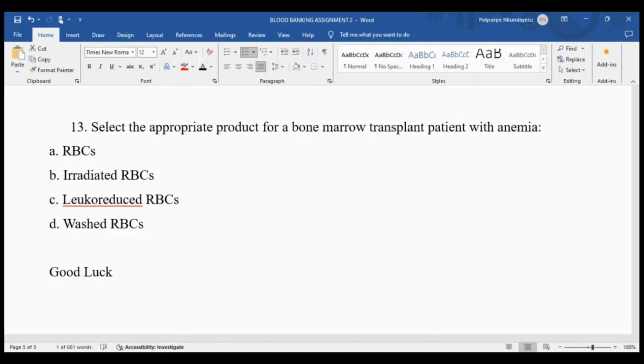Why do we need to irradiate for bone marrow transplant? Yes, that is to prevent. But why do we need to prevent that in this patient?